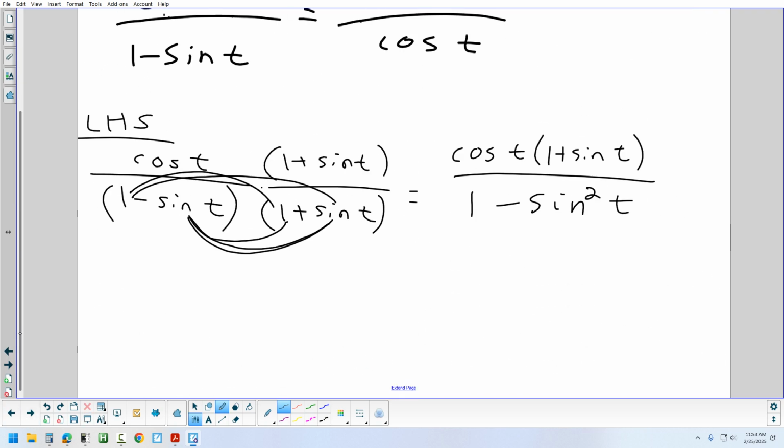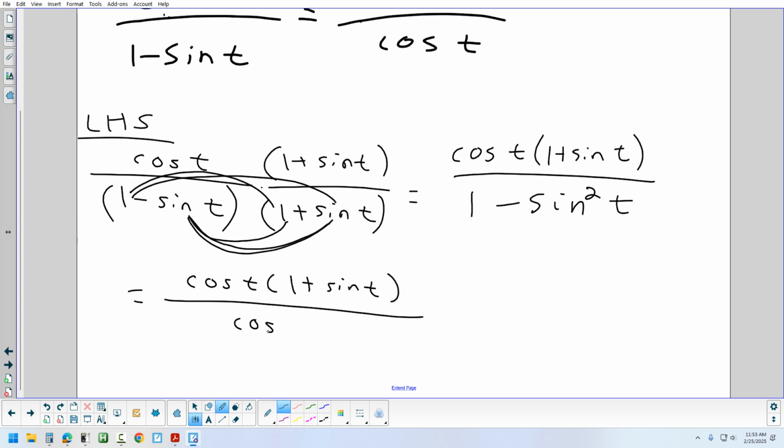And watch what happens. So leave the top the same, and change the bottom to cosine squared. Now, what do the top and the bottom both have in common? Cosine. Right. That's on the outside, so that's multiplication, that's fine. It's not on the inside. And the bottom is just a cosine squared.